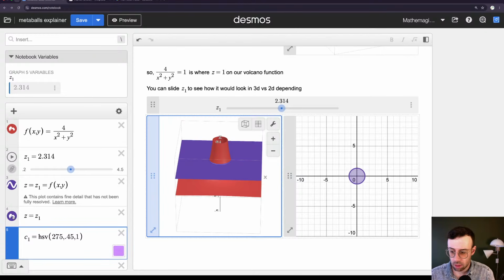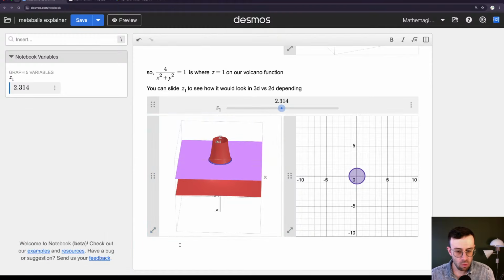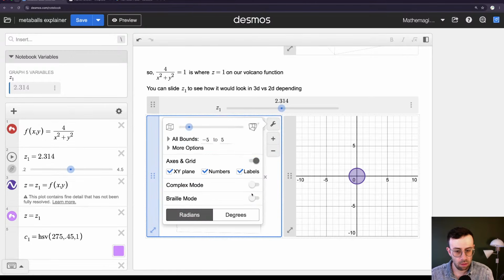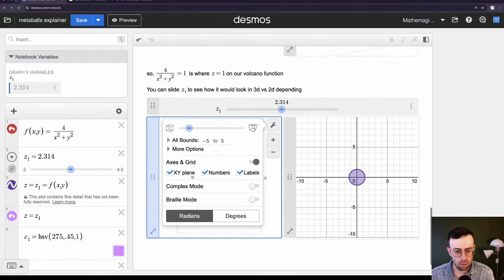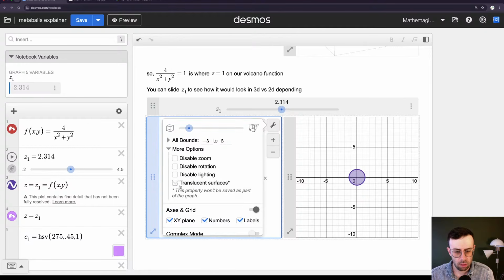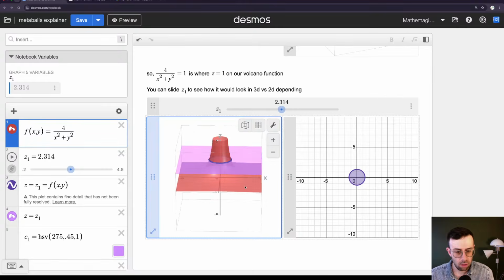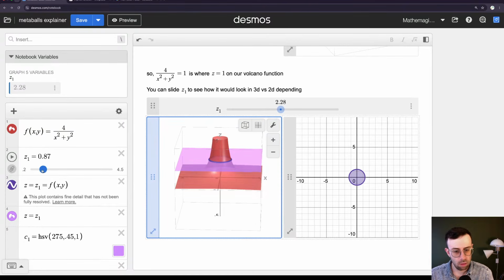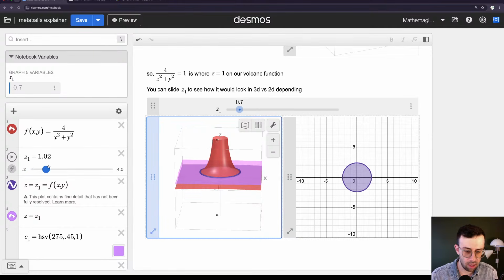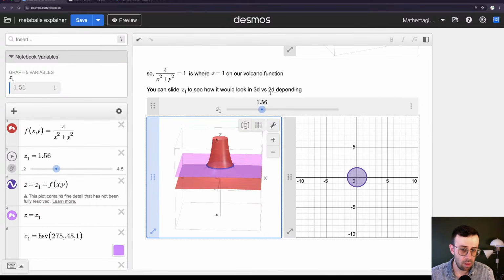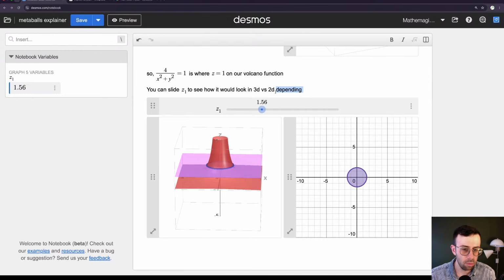Let's see how it looks on here. Might need to do translucent again. Looks kind of good. Yeah, that looks good for what I wanted because it kind of shows that it's a slice. I don't know what I was about to write there. Okay, cool. So that's the idea.